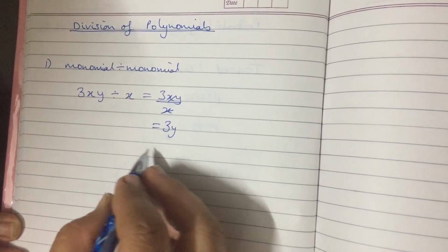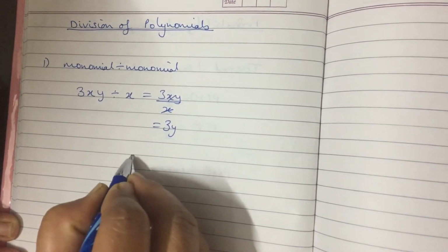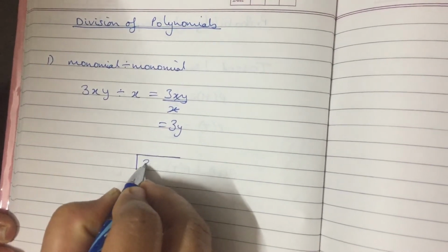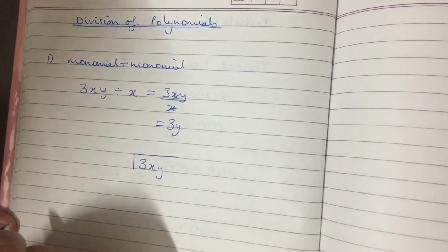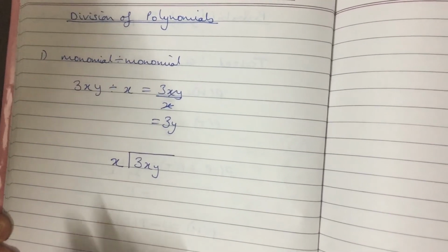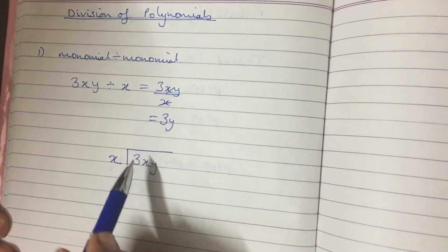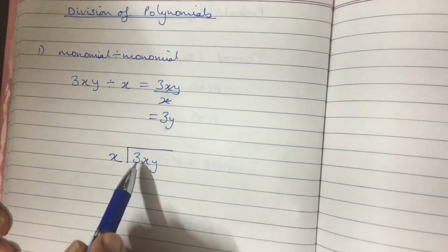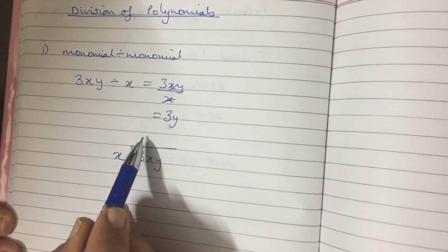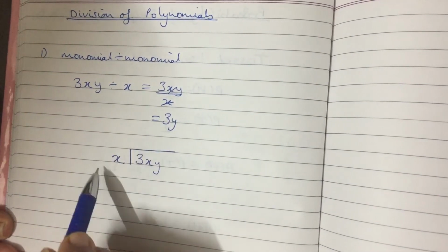Another way that I could have divided was using the division sign like we do for numbers. So the dividend comes inside, which is a 3xy. X is the divisor. Now how do we divide over here? When I'm dividing this, I need to actually multiply the divisor by the quotient to get this number.